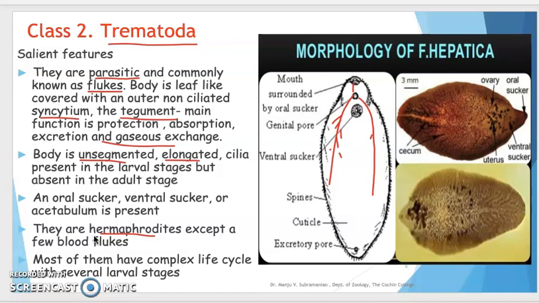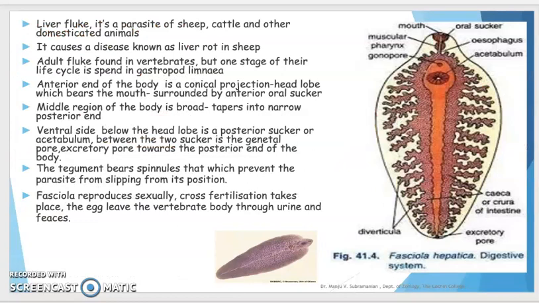This hermaphroditism is absent in certain blood flukes of the phylum Platyhelminthes. Most of them have a complex life cycle with several larval stages. Most of them are parasitic forms, and they may have more than one host.